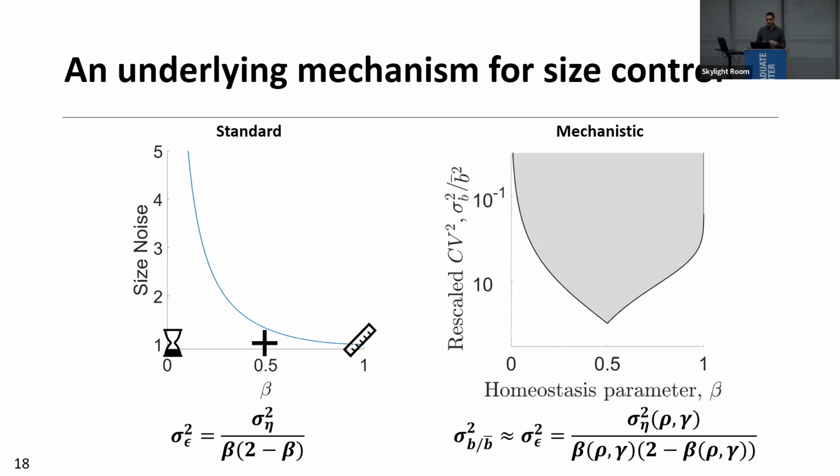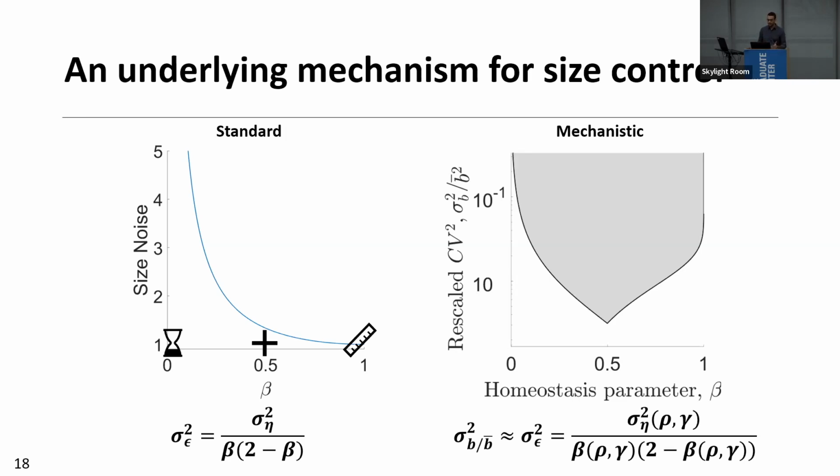But when you introduce a mechanism and take into account that your division and size control mechanism will depend on model parameters, which is beta here, it's now a function of the dimensionless parameters of the model. The noise factor associated with the growth factor is also dependent on the model parameters. And most importantly, you see that the minimum actually shifted from 1 to 0.5. So there's a new prediction for which mechanism will have a minimum size.